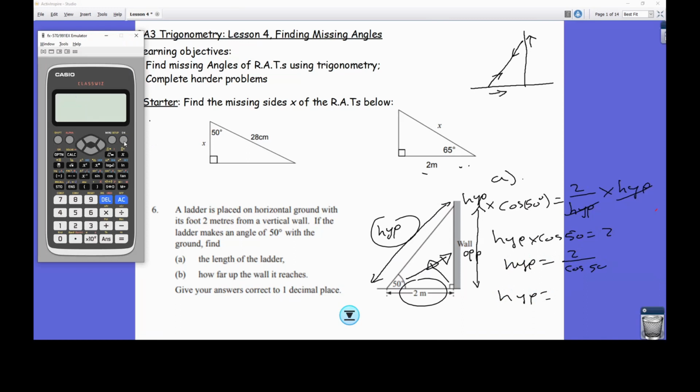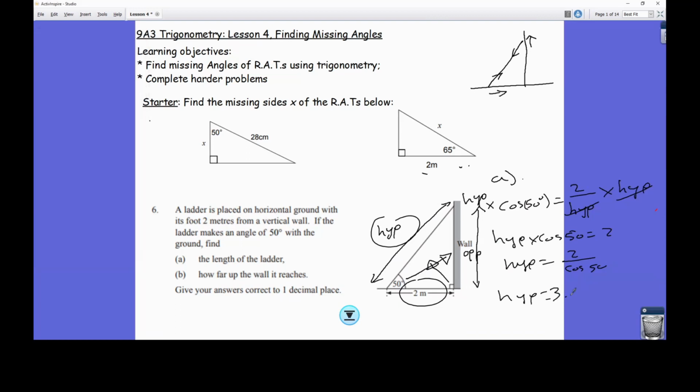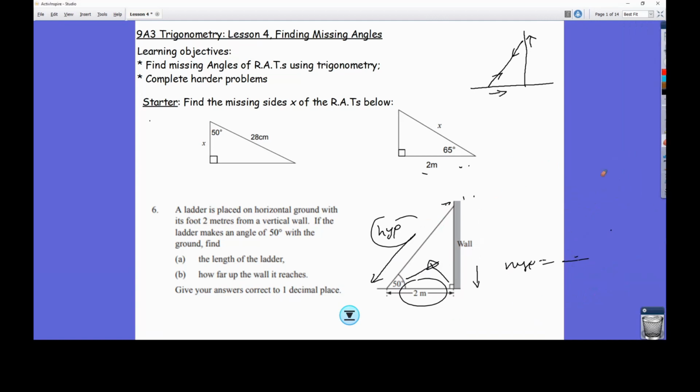So we have 2 divided by cos 50, which is just going to be about 3.11 meters. So the ladder is about 3 meters long. Let's write that out.